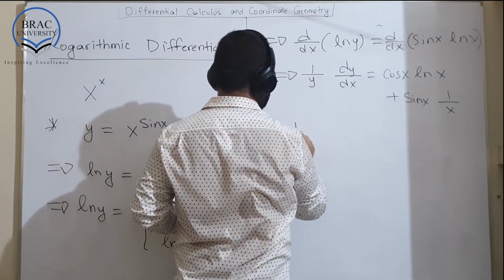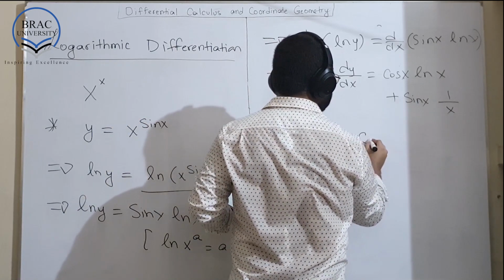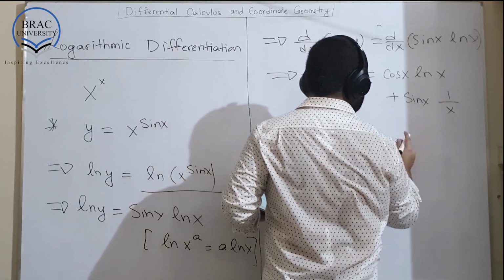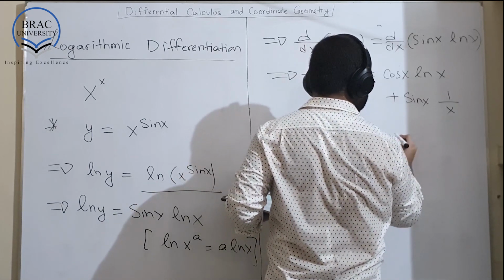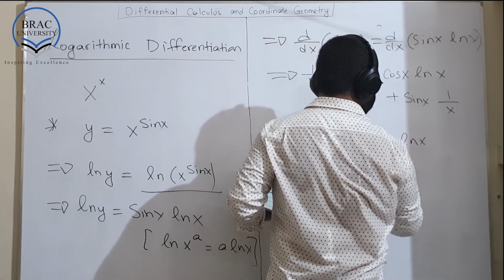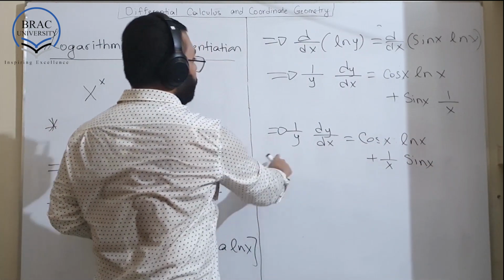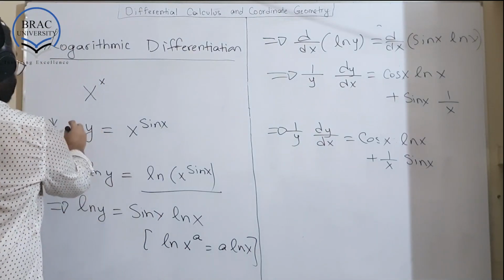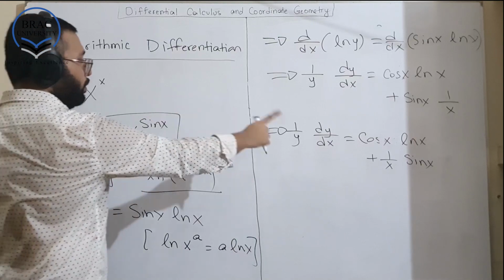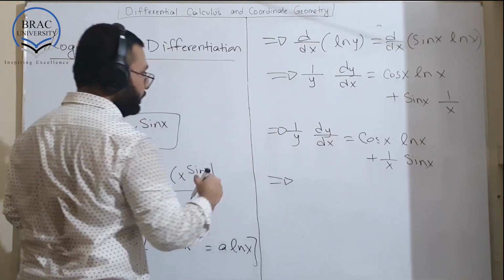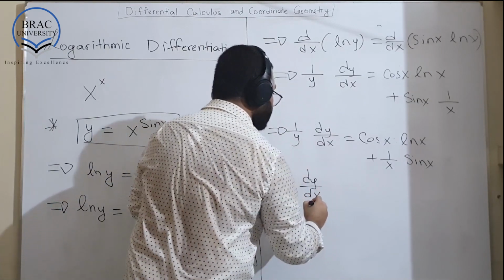So 1 over y dy/dx equals cosine of x log of x plus 1 over x sine of x. Let's put the value of y so that we have everything on the right hand side in terms of x.